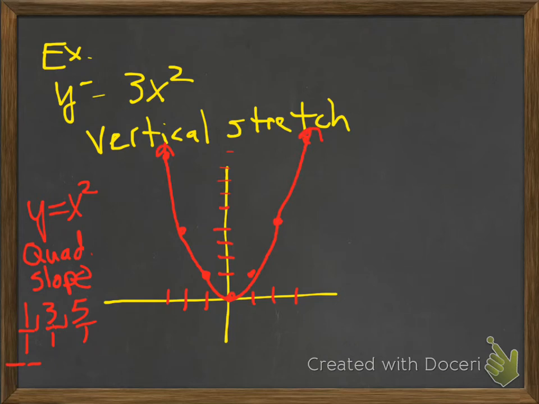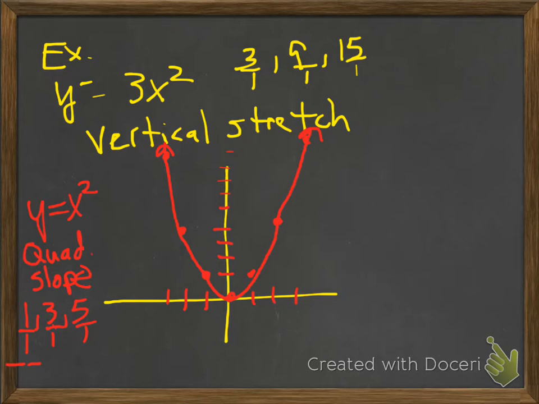What you do with a standard quadratic slope is take these numbers and multiply them by 3. What's 3 times 1? 3 times 3? And 3 times 5? That's the slope for the equation we have here.